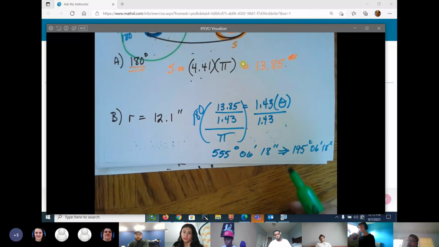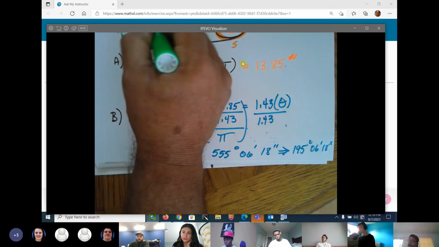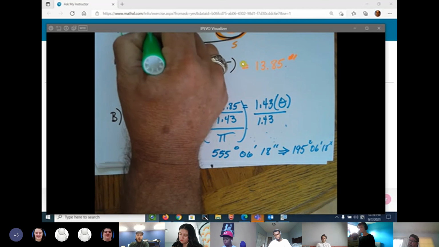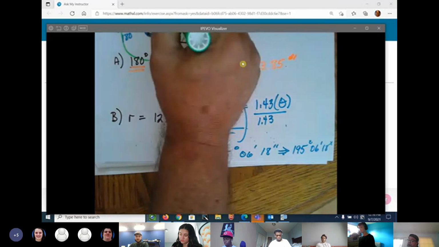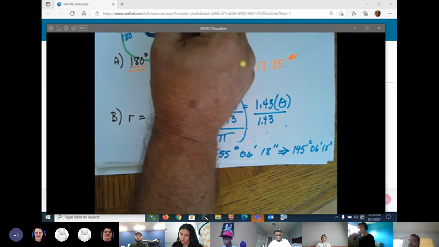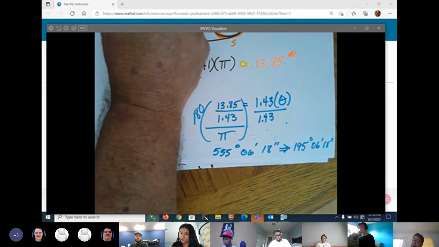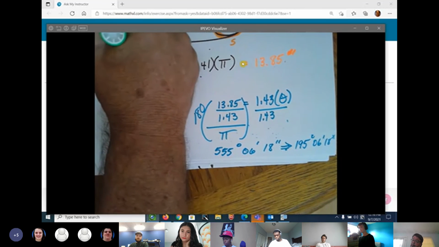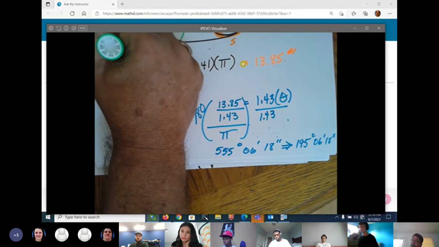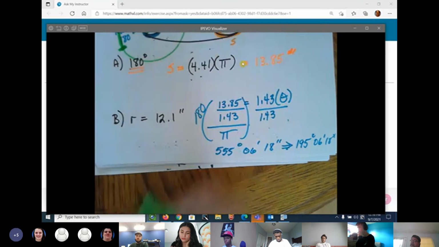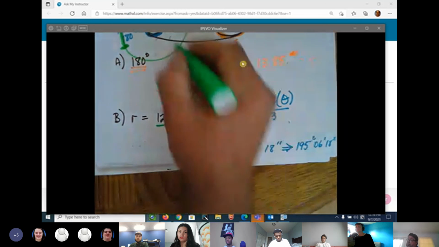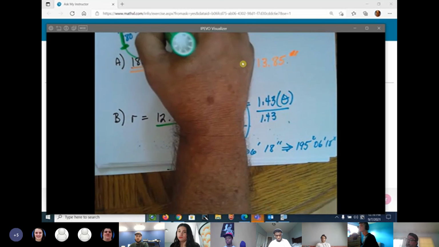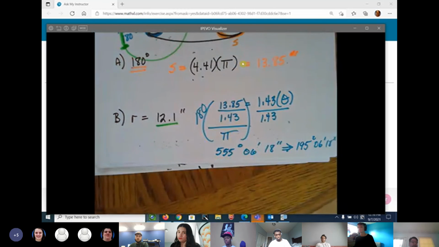This is 180, so this angle is 195. So basically from here to here is this. And what's the radius of the tire? 12.1. Looks like we got what we need.